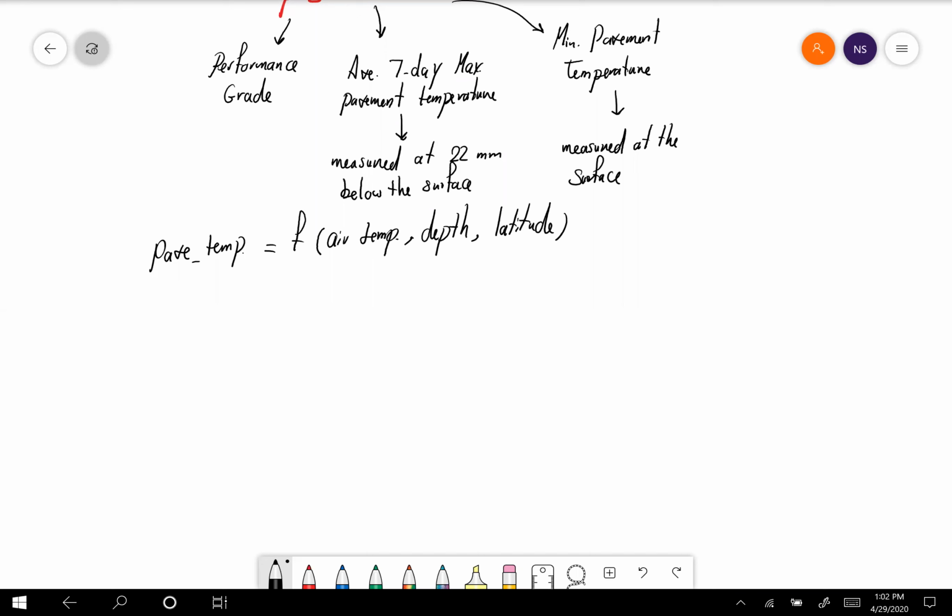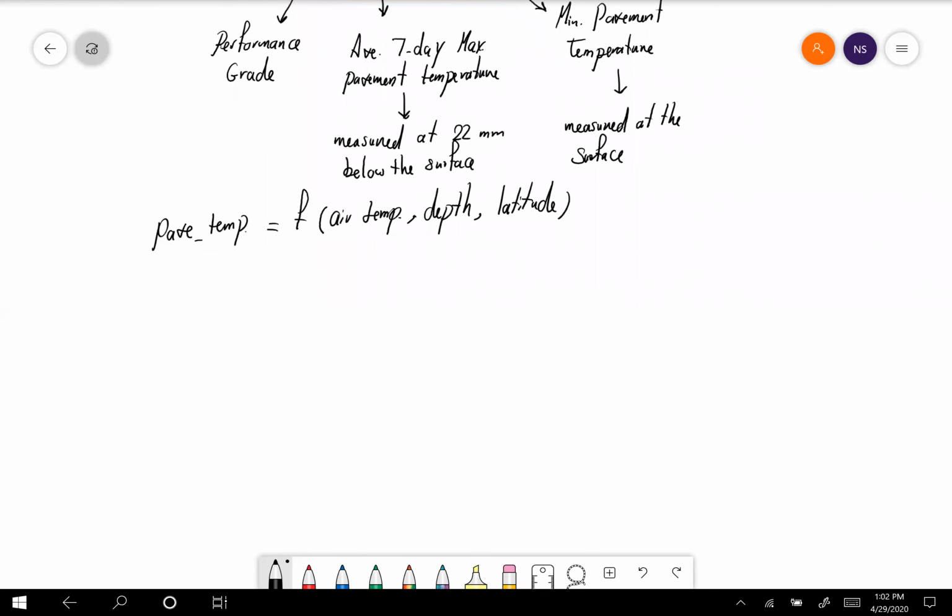And then there are specific tests that were designed specifically for the SuperPave that I'm going to list here. We don't go into the details of these tests, but we need to know what each test is measuring and how we use the information from each test in our classification system and in the PG specification table.